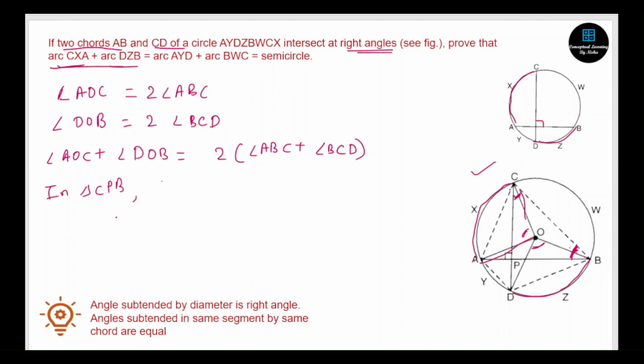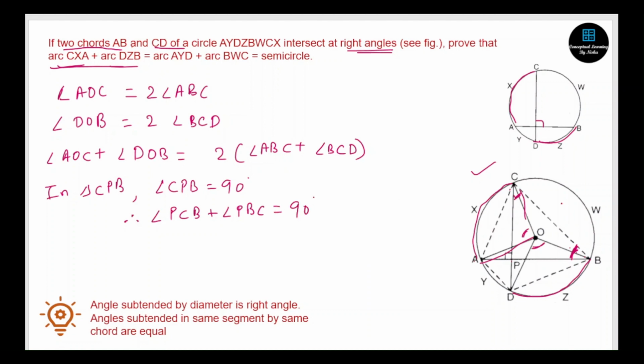So I can say that angle CPB equals 90 degrees. Therefore, the sum of the other two angles is also 90 degrees. Which two angles? Angle PCB plus angle PBC equals 90 degrees.